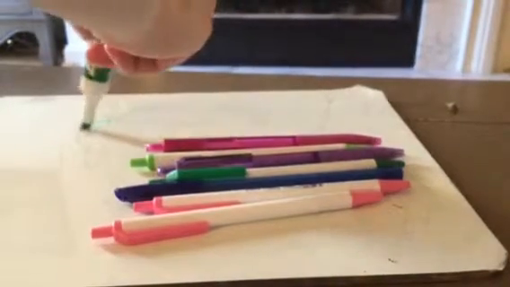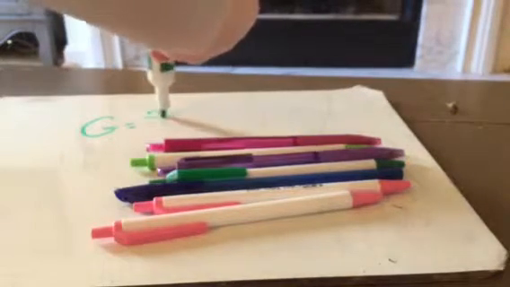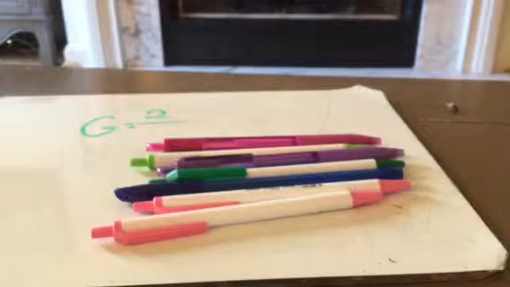Okay, so I want to know what fraction of my pens are green. So if I go with the same thing we just talked about, that the numerator is how many are in question, so that would be how many are green. I see that there are 2 green, and my denominator I know is how many in 1 whole.